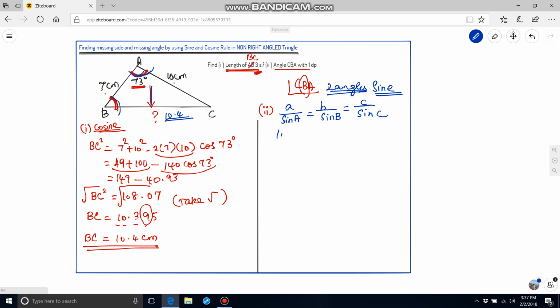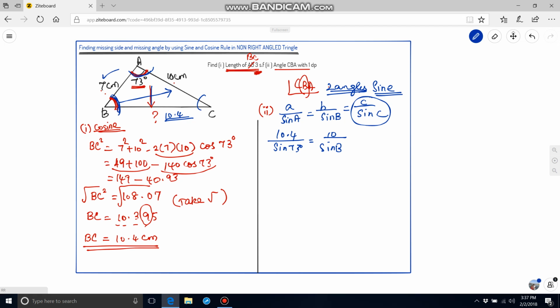We can write 10.4 divided by sine A, which is 73 degrees, and capital B is required. B's opposite side is 10. So we can write 10 divided by sine B, and small c is given but its angle is not there and this is not required for the problem. So we can leave this ratio.